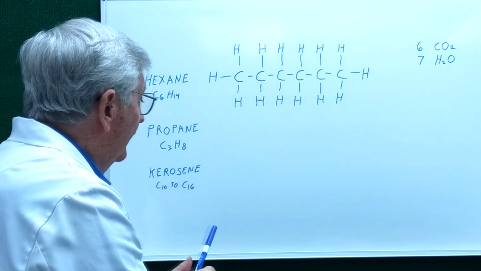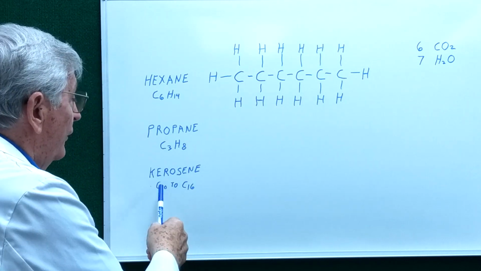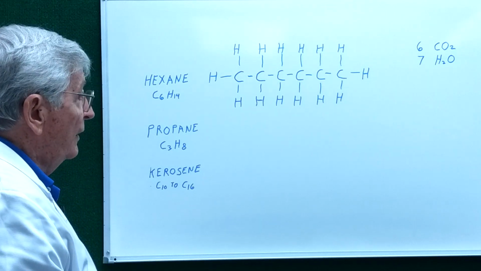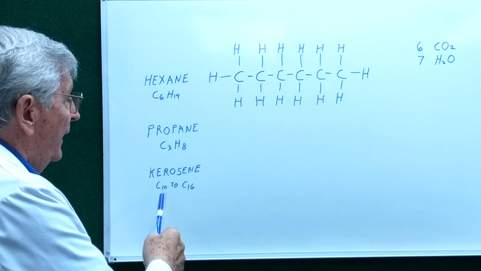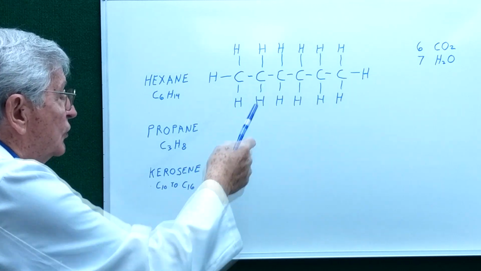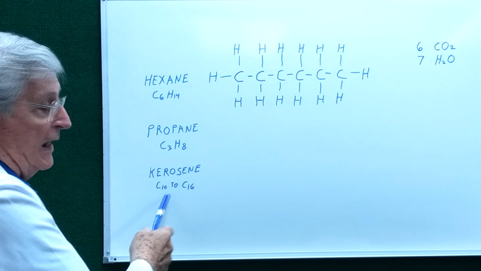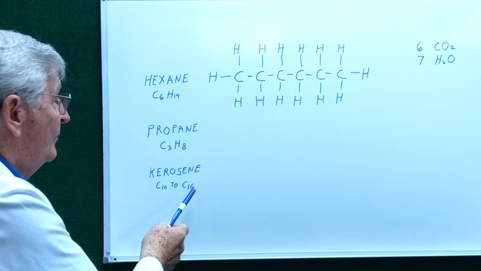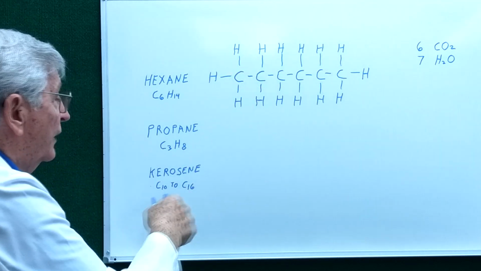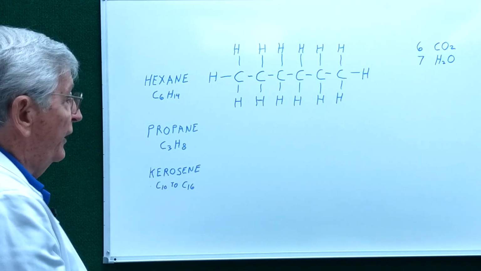Now, jet aircraft essentially burn kerosene. And kerosene is a mixture of long-chain hydrocarbons. Each constituent of kerosene varies between a C10 and a C16. And of course, the hydrogens are connected the same way, so the amount of hydrogen will vary.